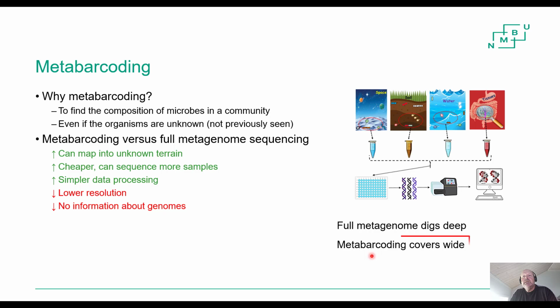So we give higher priority to having many samples across many different locations or environments or treatments, if it's about diseases, rather than digging very deep into a few samples, which is typically what we do in the part of metagenomics that we will also do in bin 310, but this is what we focus on now, metabarcoding.